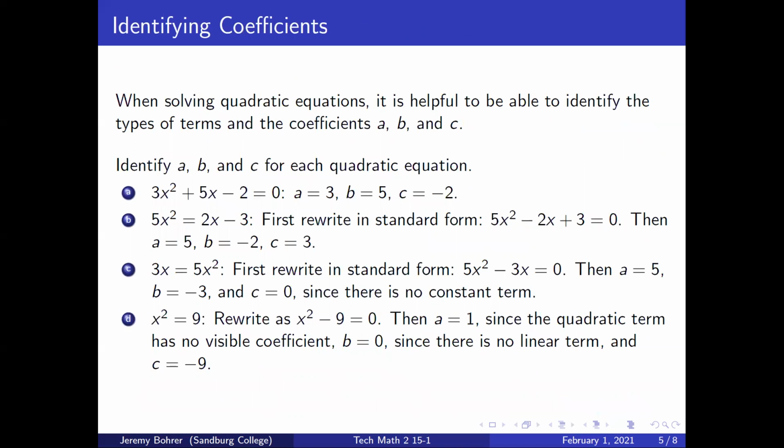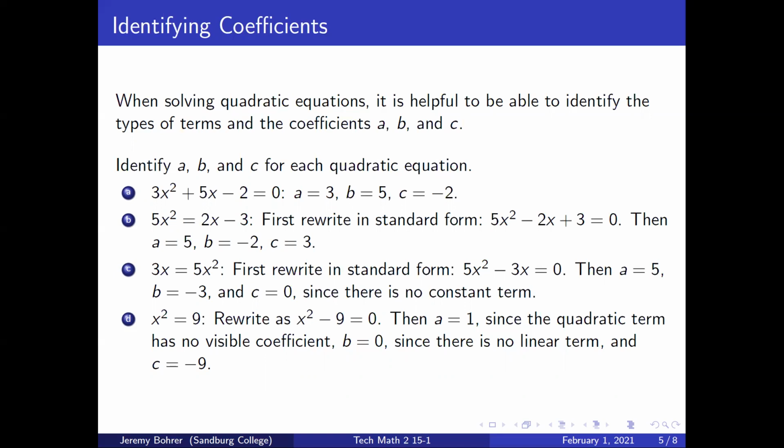When solving quadratic equations, it is helpful to be able to identify the types of terms and the coefficients a, b, and c. Identify a, b, and c for each quadratic equation. 3x squared plus 5x minus 2 equals 0. Here, a equals 3, b equals 5, and c equals negative 2. 5x squared equals 2x minus 3.